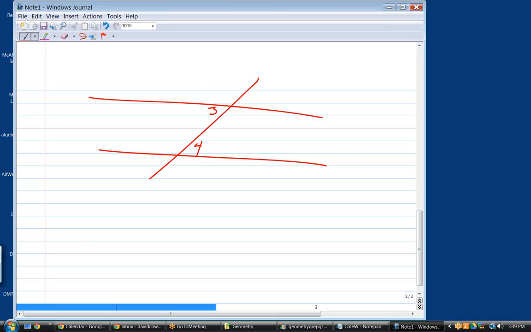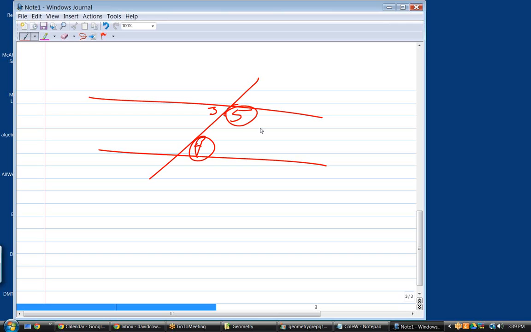And they call that the alternate interior angles. And they teach you that 5 and 4 are supplementary because they are consecutive interior angles. Interior basically means between the parallel lines. Anything that's between the parallel lines is interior.